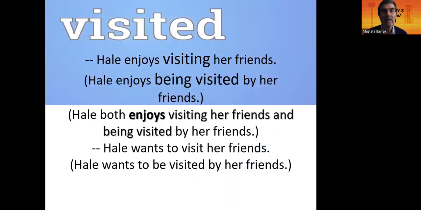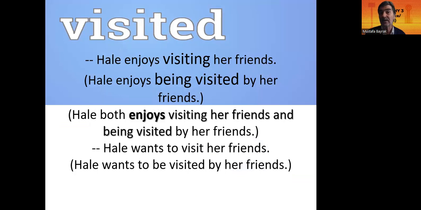Okay. Now, Hale enjoys visiting her friends. So simple. Hale enjoys, likes, loves visiting her friends. But now this is our subject today. Hale enjoys being visited. Again, there is verb ing, but it is be plus ing.